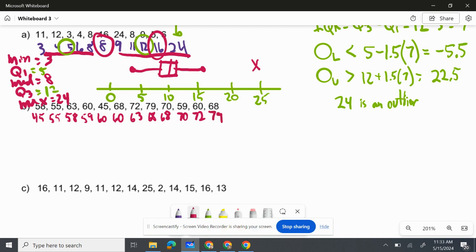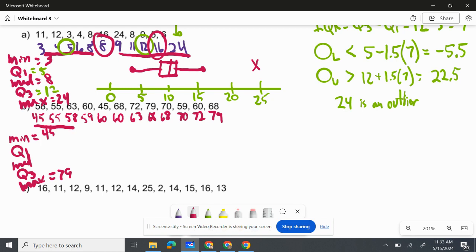I'm going to find the 5-number summary: minimum, Q1, median, Q3, and our maximum. Minimum and maximum are obviously easy, 45 and 79. We count the numbers: 1, 2, 3, 4, 5, 6, 7, 8, 9, 10, 11, 12.